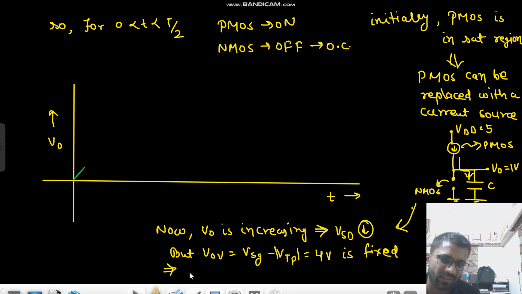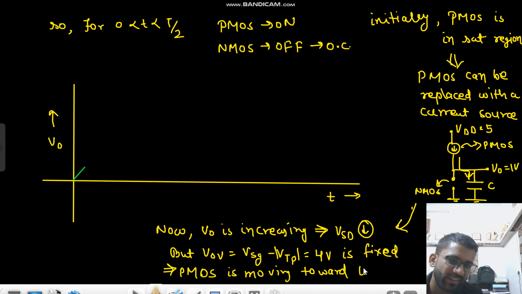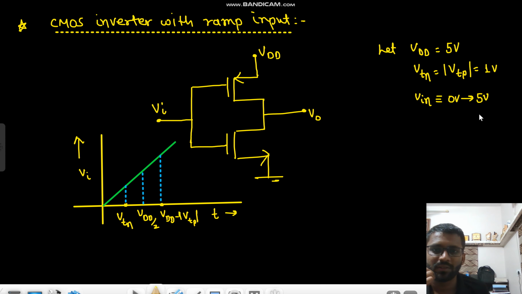That means PMOS is moving towards what? Moving towards linear region, right? Okay, your V naught is increasing, that means your VSD is decreasing, and V overdrive is fixed, so it is moving towards the linear region.